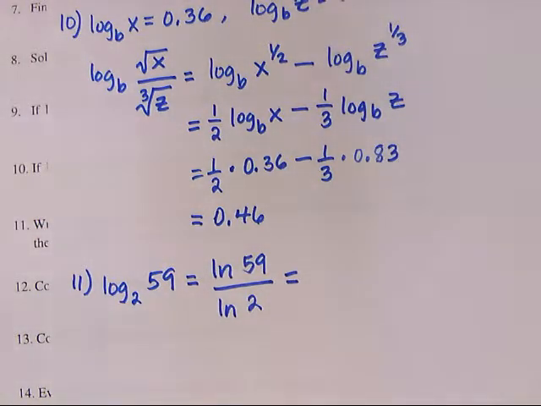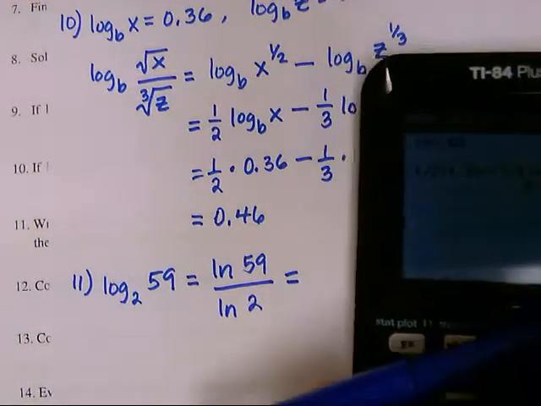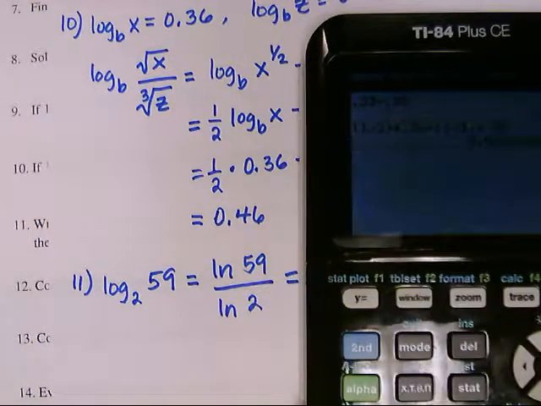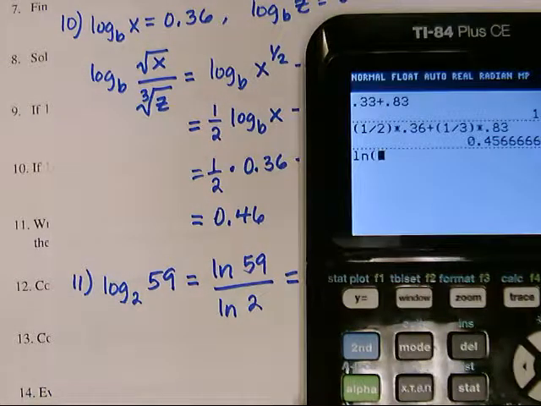So in this case, we'll use our calculator to find the natural log of 59 over the natural log of 2. So here I'm going to do ln 59, and I'm going to close the parentheses around the 59, because I only want the ln of 59 divided by ln of 2. Close parentheses, and then hit enter.